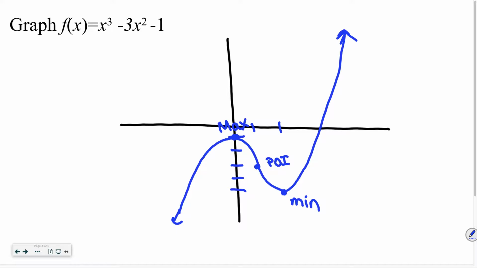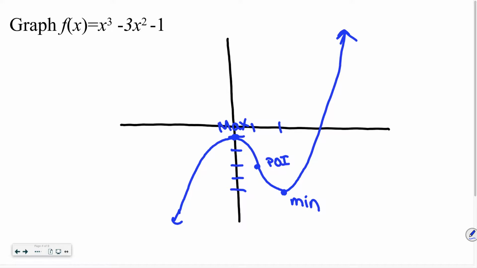I don't know if you remember graphing polynomials in pre-calculus, but we would not have been able to graph this in pre-calculus. All we would have been able to find are the x and y intercepts. We didn't know how to figure out if it was turning somewhere besides the x-axis.